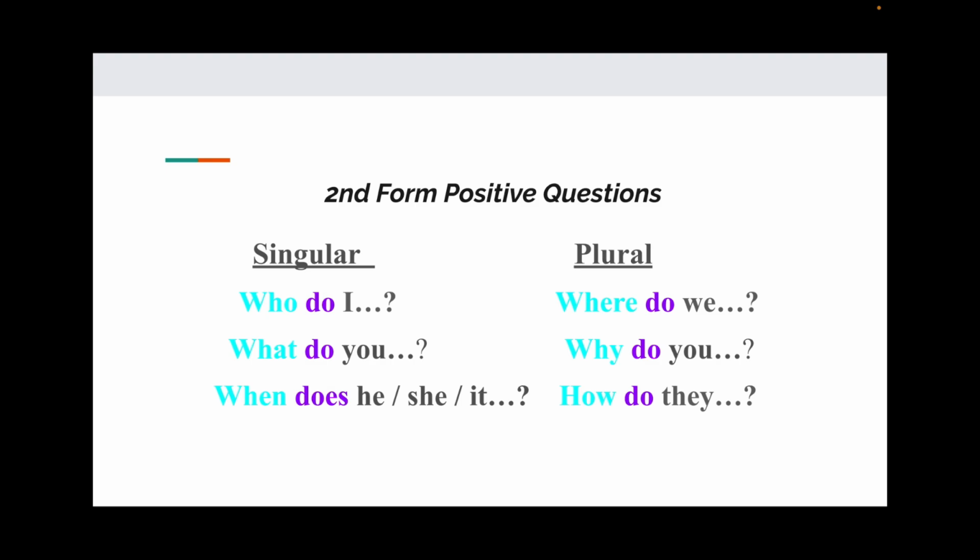How do they? And so because there are 6 sentence starters, I decided to put them for each of the 6 pronouns. However, as you may be aware, you don't have to use who specifically for I or what for you. You can say, where do I? Or when do you?